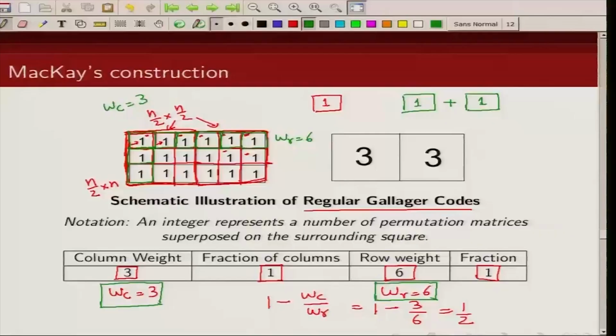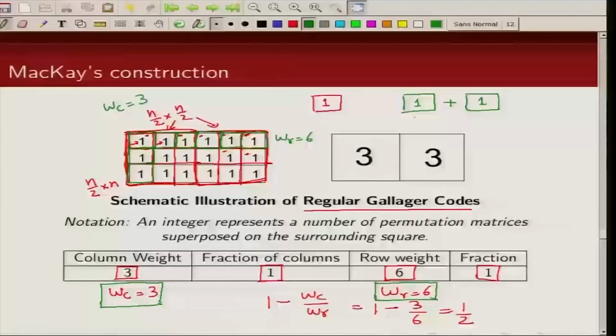Please note, you ensure that there is no overlap between the ones in this matrix and this matrix. If you add these two permutation matrices, what will you get? You will get a matrix which will have 2 ones in each row and 2 ones in each column.